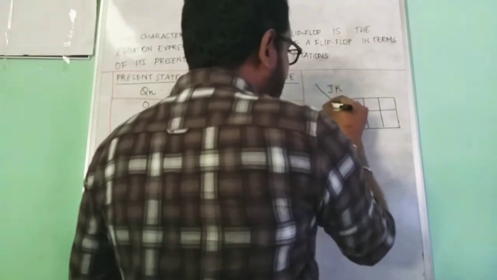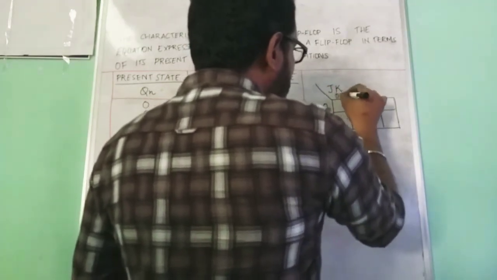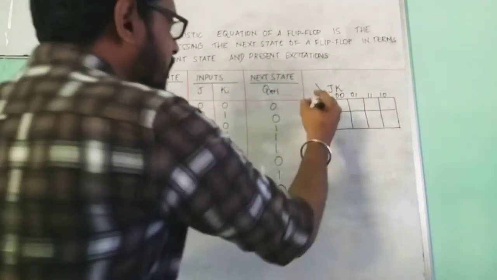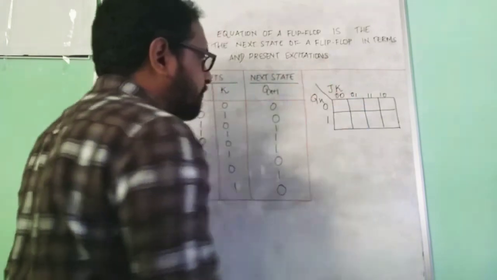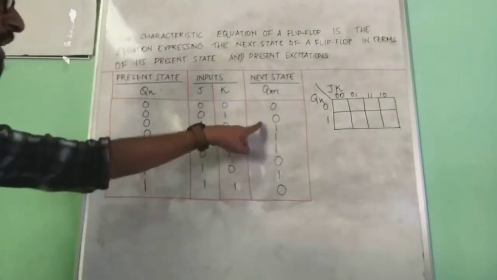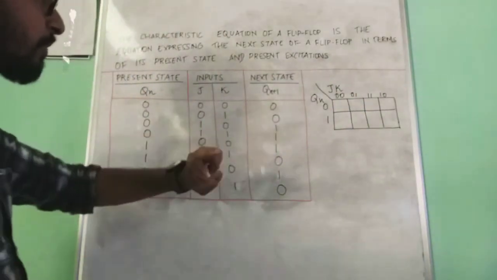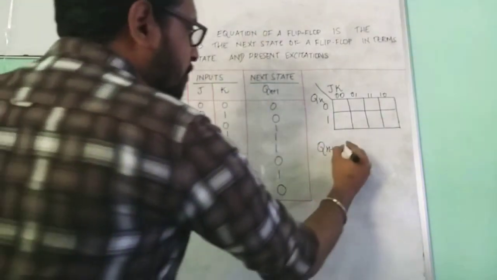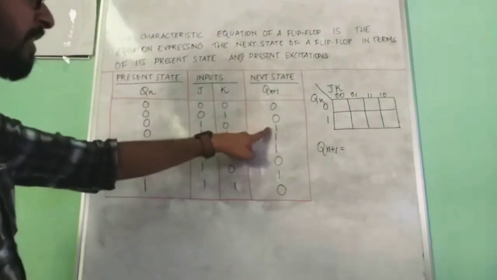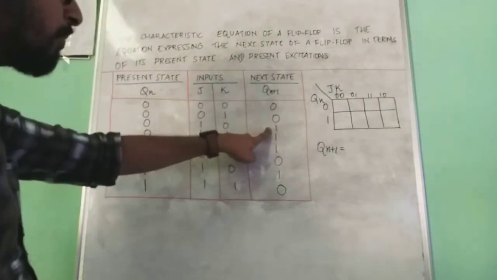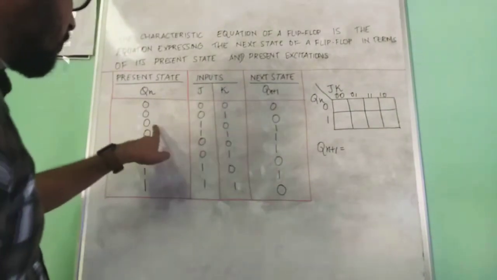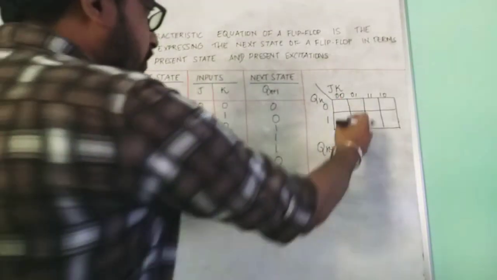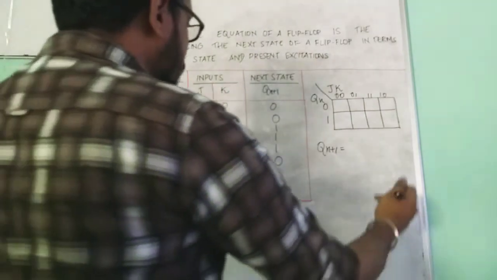We have J and K, 0 1, 0 0, 0 1, 1 1, 1 0. Okay, here we put Qn, and look for the values where Qn plus 1 is equal to 1, because we are going to find an expression for Qn plus 1. Qn is 0, J is 1, and K is 0.